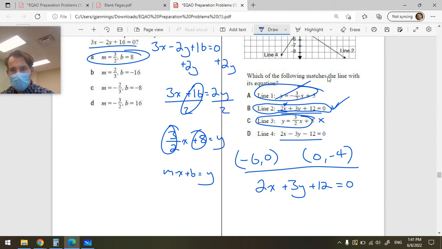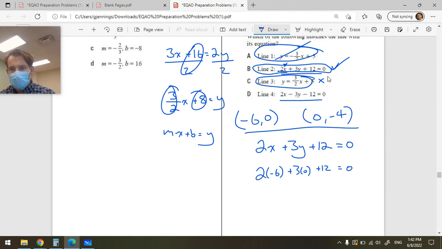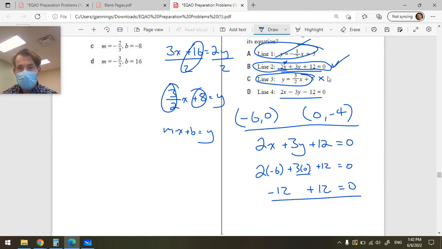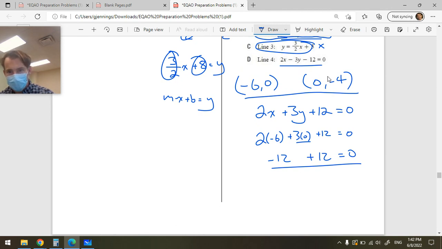Let's try it. If I put in negative 6, 0, this is what I get. 2 times negative 6 plus 3 times 0, which is 0, plus 12 equals 0. 2 times negative 6 is negative 12 plus 12. I'm going to ignore this 0. I'm not going to write that in. Equals 0. Last time I checked, negative 12 plus 12 does equal 0. Now let's test the other point, 0, negative 4.